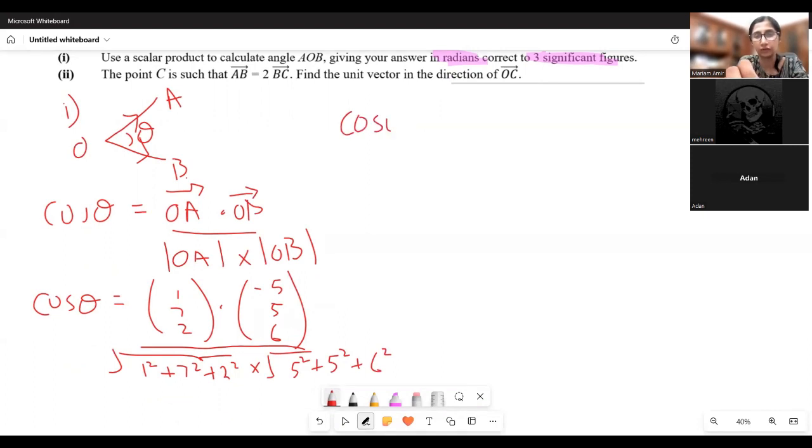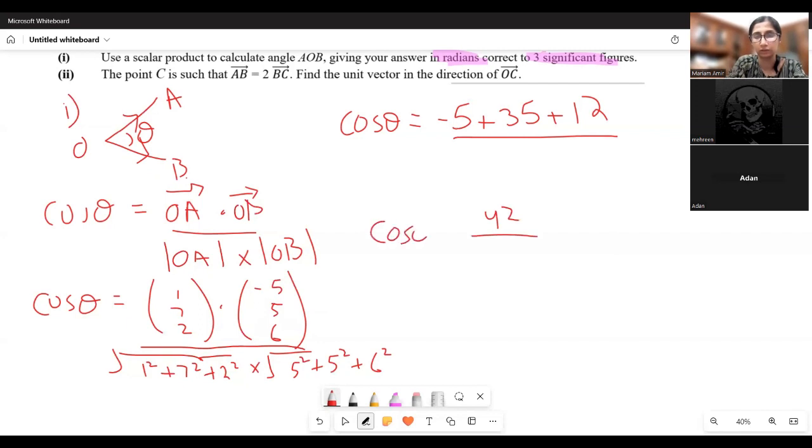So we have cos theta equals minus 5 plus 35 plus 12, which is 42, divided by square root 1 plus 49 plus 4, that's 3 square root of 6, times square root 5 square plus 5 square plus 6 square, under root 86, sorry.